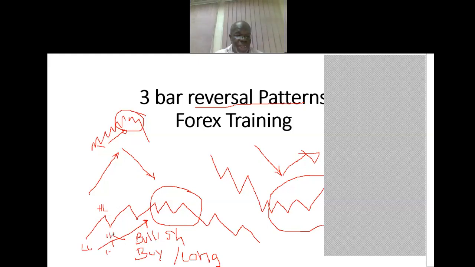Oh, this is a higher low actually. Then it goes to a higher high. Sorry about this. Okay. So this is higher low and this is a higher low. So when market is trending, you have higher highs, and higher lows, a series of them.